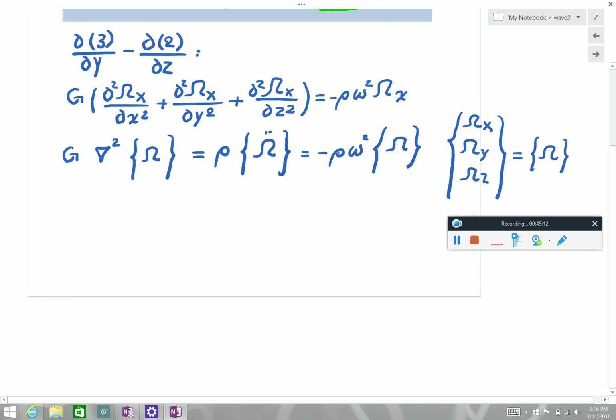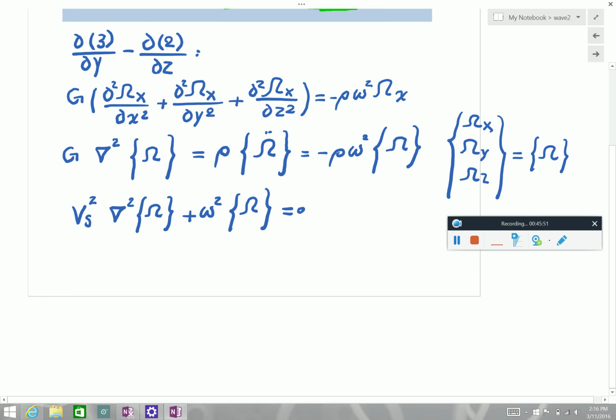And again, recall that this has a very similar form to the wave equation in 2D, so we can easily say that this is Vs squared, the propagation of shear waves in 3D, del 2 omega, and here would be plus omega squared. We are bringing it to the other side.